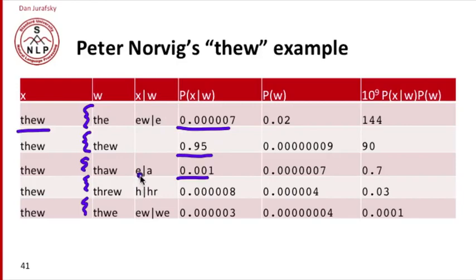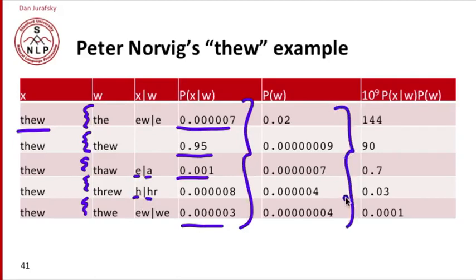We have the probability of a substitution of an A being substituted by an E, or of an R being deleted after an H, and so on, that we can compute just from our channel model. So here are our channel model probabilities. And again, we have our language model probability just as before.